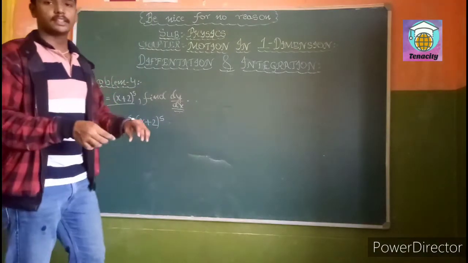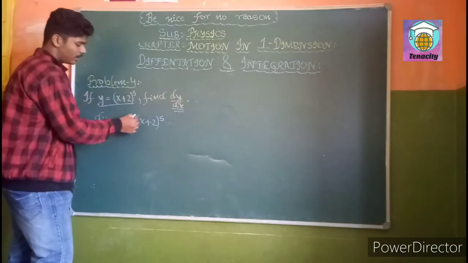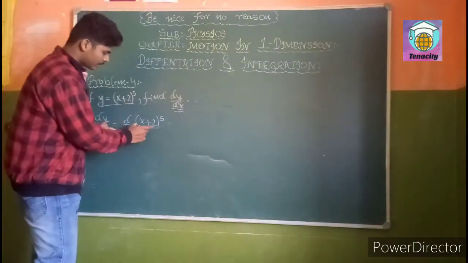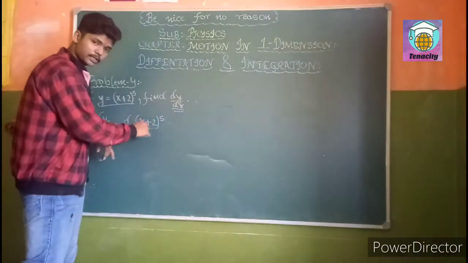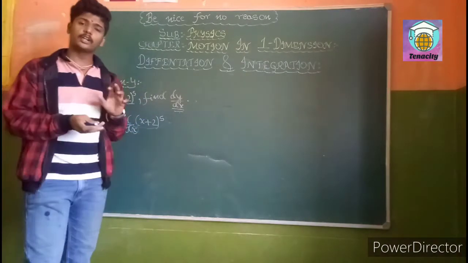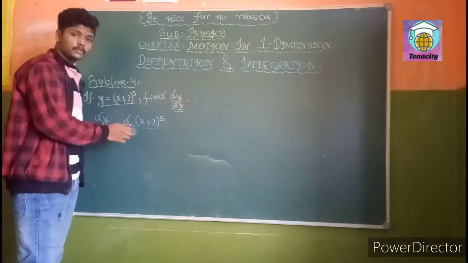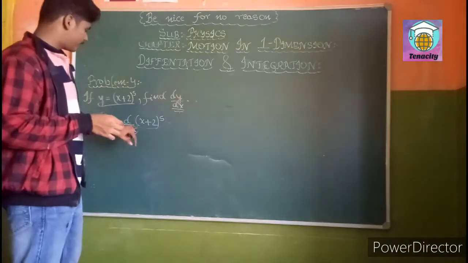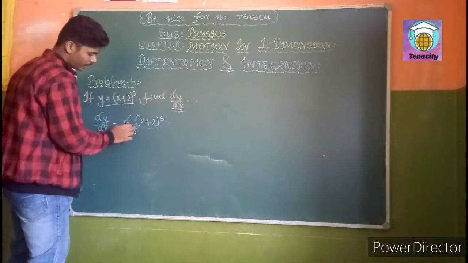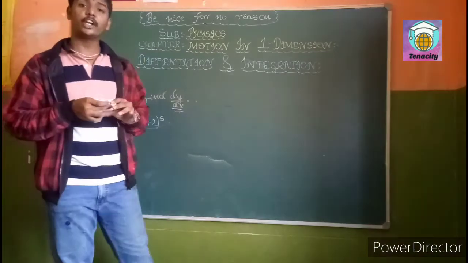As I said, when I am discussing differentiation, you are differentiating with respect to x, but here the function is x plus 2, so you cannot differentiate this directly. Whenever you want to differentiate, the denominator, that is, the variable with respect to which you are differentiating, must be the same in the numerator. So you have to differentiate with respect to x plus 2 only. For this we have to discuss the chain rule.